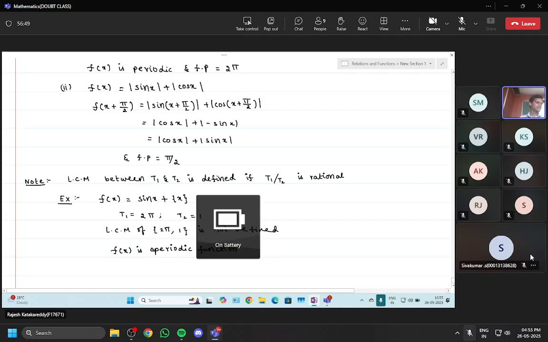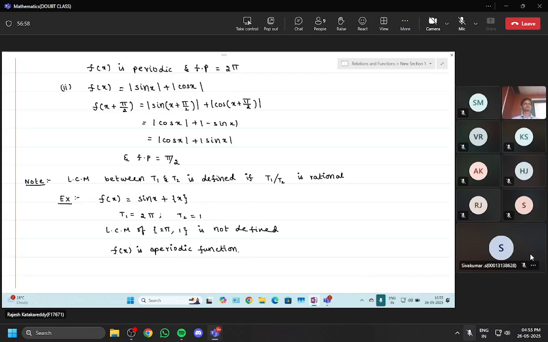Any doubt in this, anybody? Some doubt? Sanjay Khanna? Yeah, T1 and T2 are both... Where? Sin x. Mod sin x. No, not one.